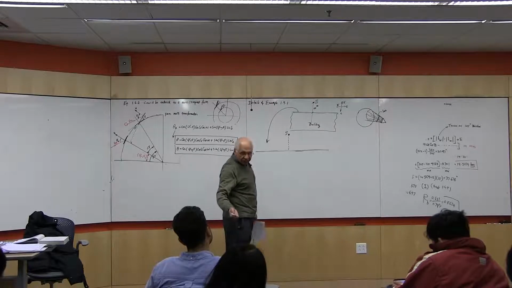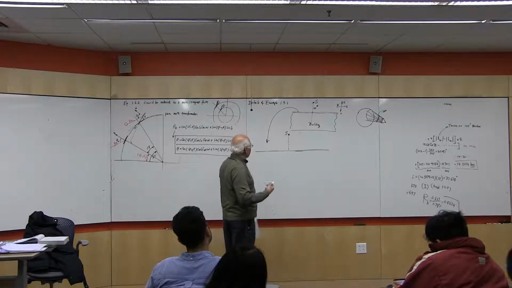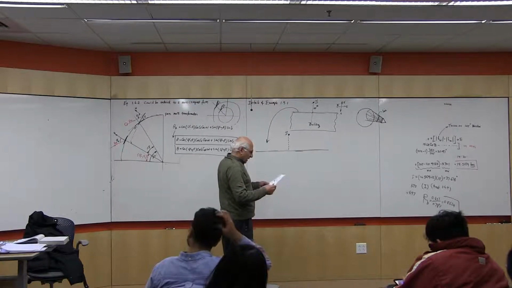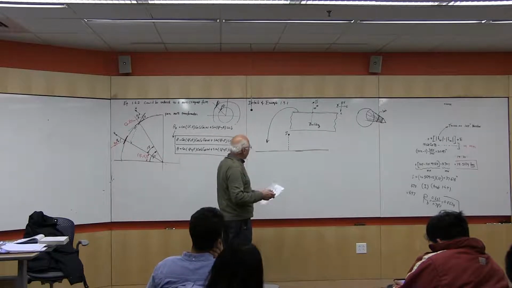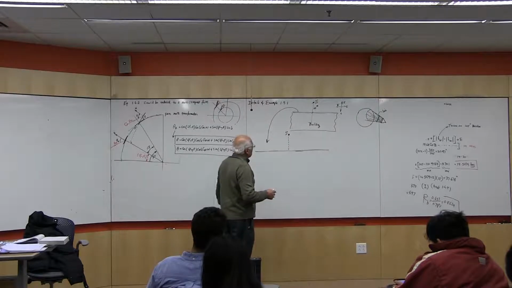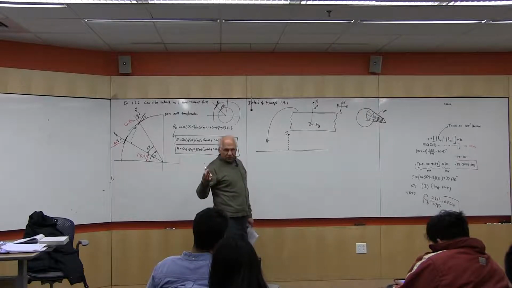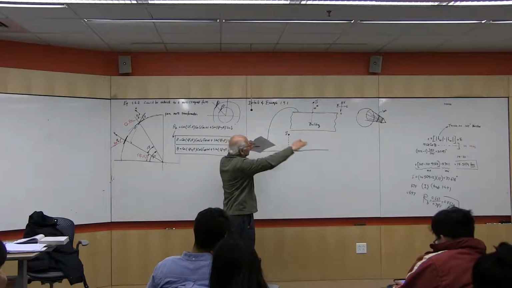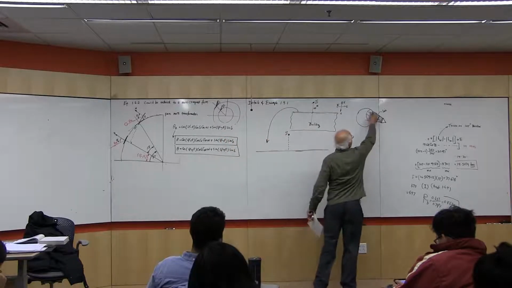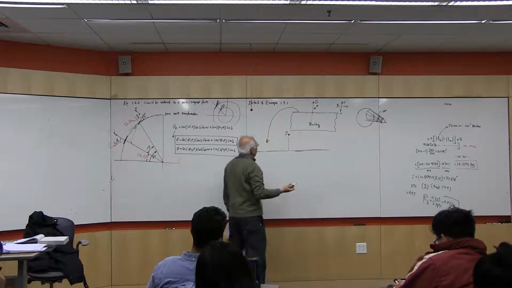The more points you take, the better, but at the same time, you don't want to go crazy. So in this example, as you see, 1, 2, 3, 4, 5 points are picked, and the choice of that is totally arbitrary, as long as you have more than 2 points so you can represent some sort of curvature, that's fine, and it works.